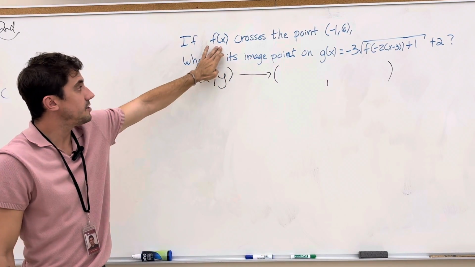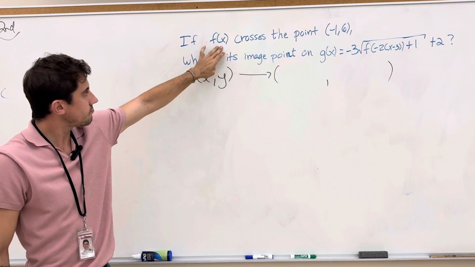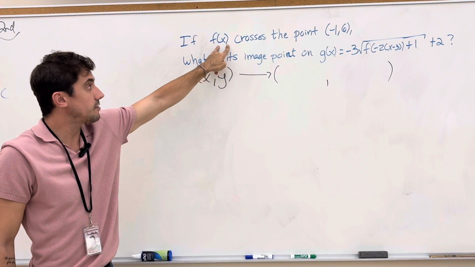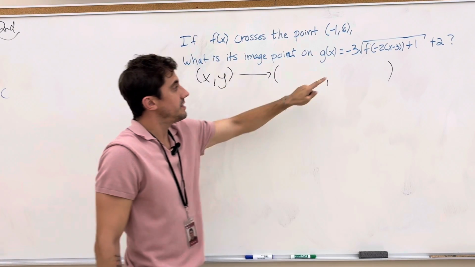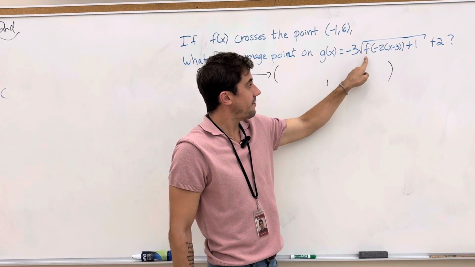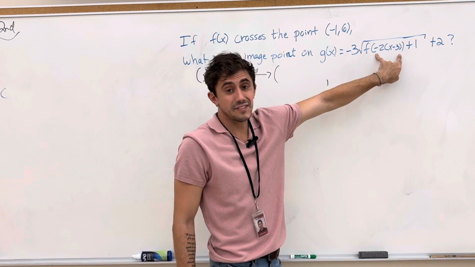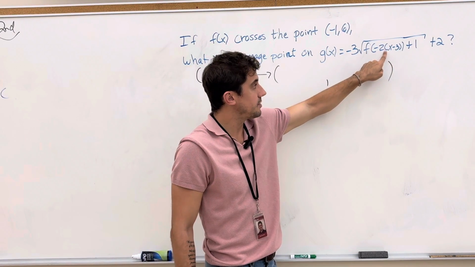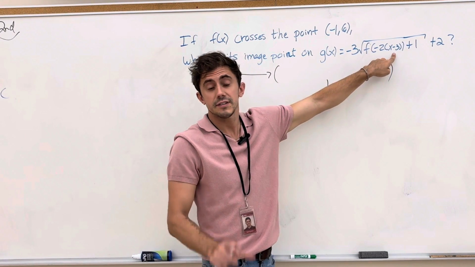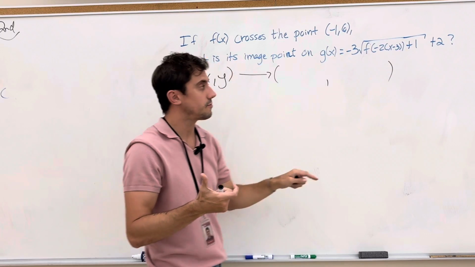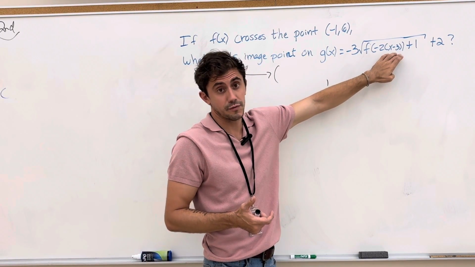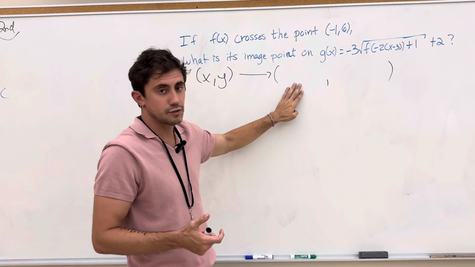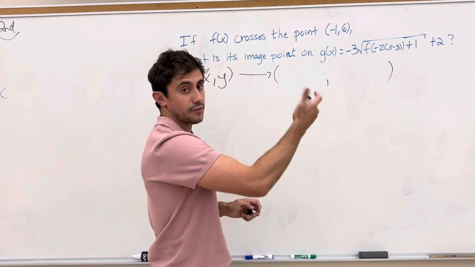You notice that in the original function f(x), the input of f, whatever is inside of the brackets, is only x. In g(x), the stuff inside the brackets is now -2x - 3. So taking this from transformational form onto a mapping rule means we have to reverse everything.